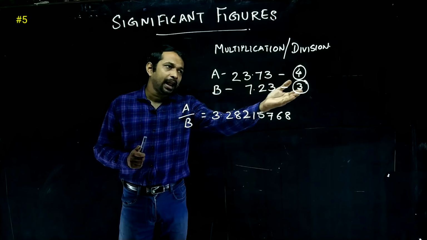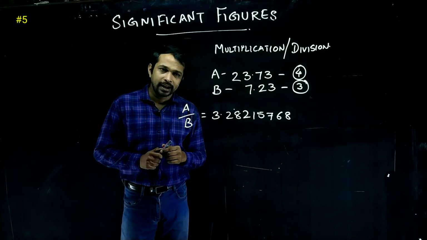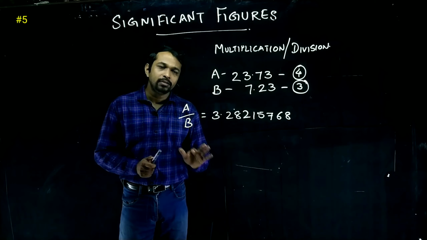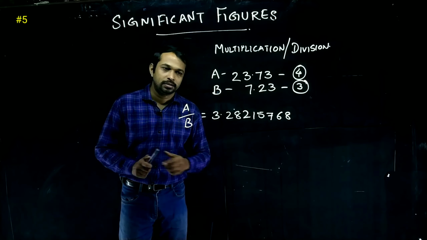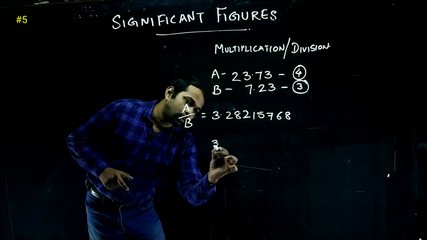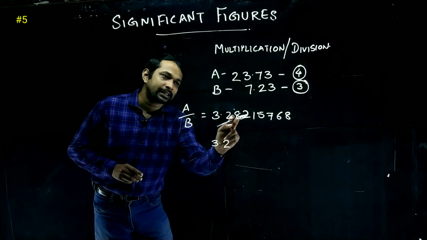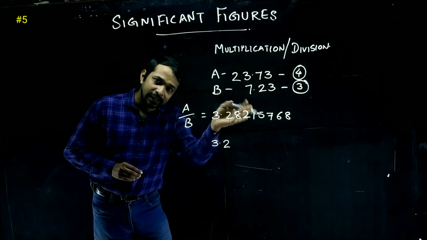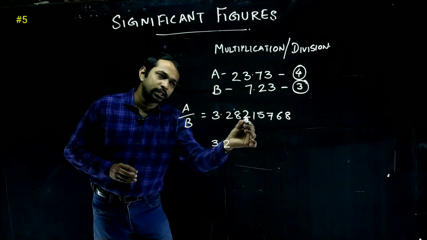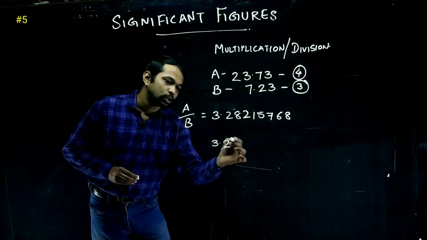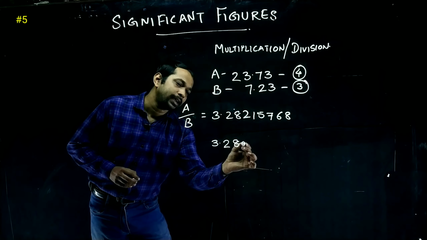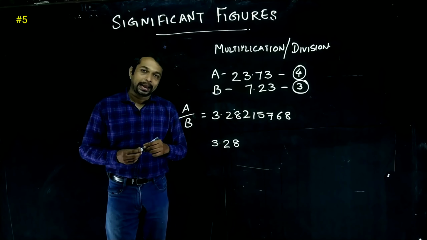It is B and it is 3, right? So the resultant also will have 3 significant figures. Okay, so 3.2, and before writing this 8, you have to check whether the next number is greater than or less than 5. It is 2, which is less than 5, so you can write 3.28 and this will be your answer.